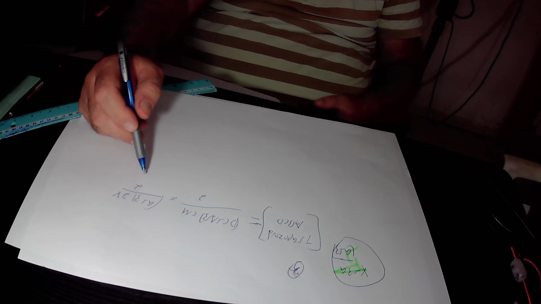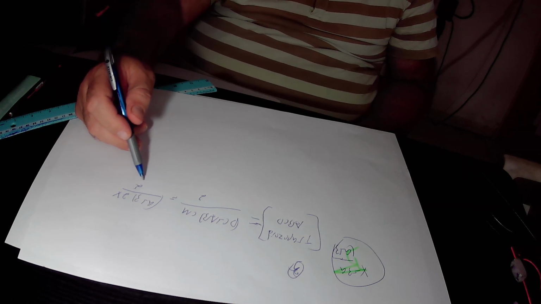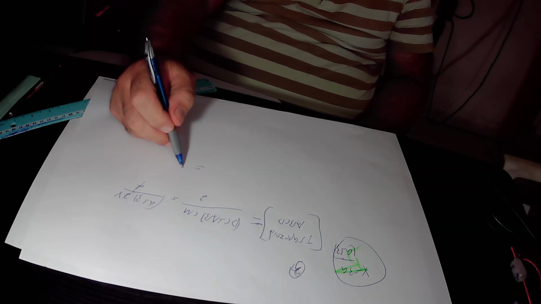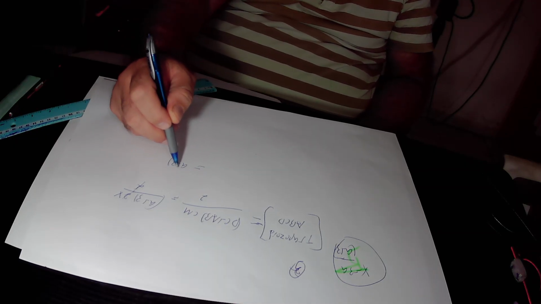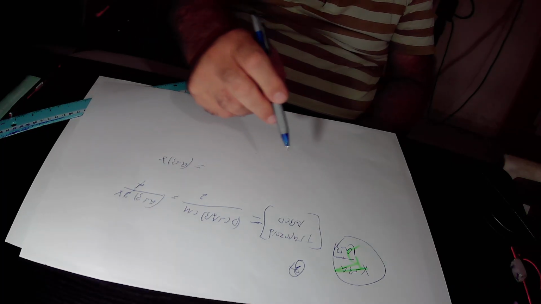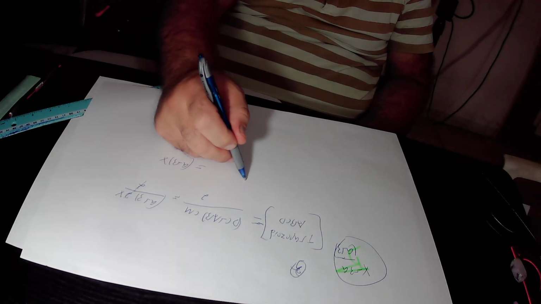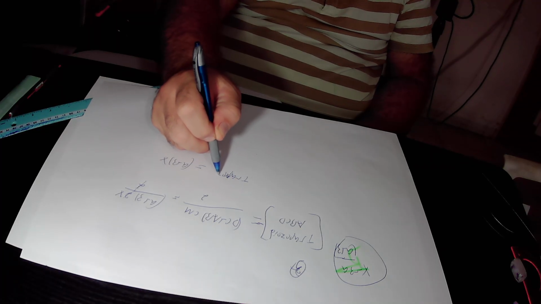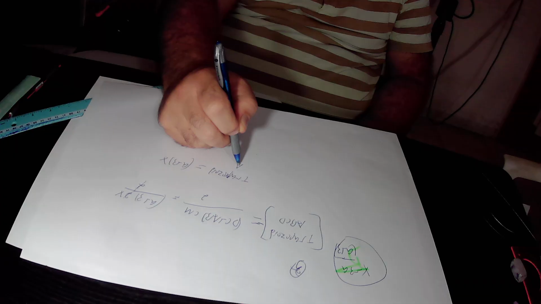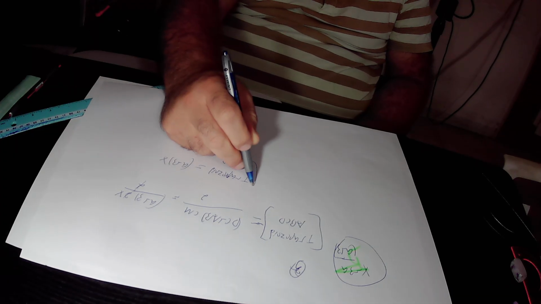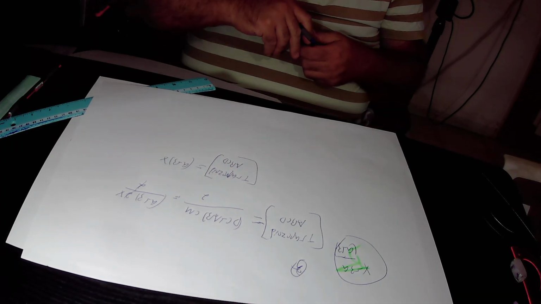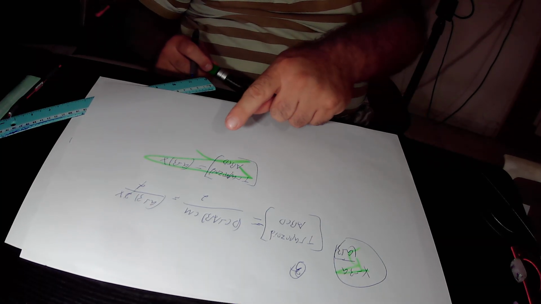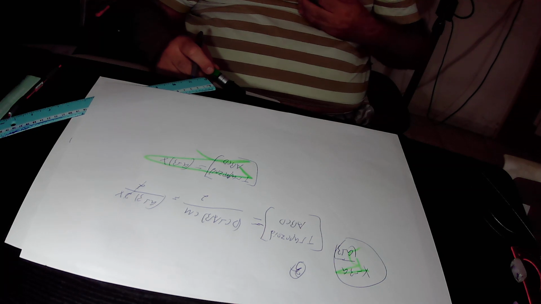We have 2 in the numerator and 2 in the denominator, so the 2 gets cancelled. We are left with a plus 3 times x, which equals the area of trapezoid ABCD. So the area of trapezoid ABCD equals a plus 3 times x square units.